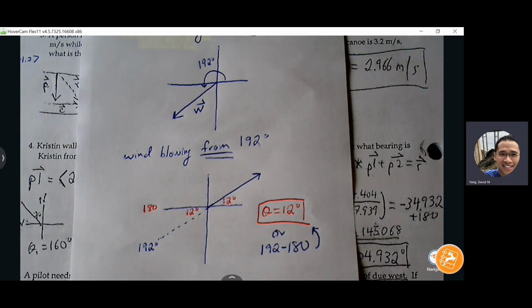Number 5 is also one of those problems where you have to do some subtraction, because we don't know where the plane is pointing. We do know the wind, and we do know the resulting vector. So similar to the previous page, our plane vector is going to be the resultant minus the wind.